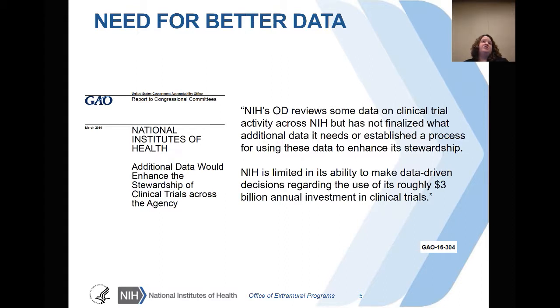And that it acknowledged that NIH was limited in its ability to make data-driven decisions regarding its use of roughly $3 billion in annual investment in clinical trials. So we have a lot of money going out in clinical trials. Certainly, we all want clinical trials to be successful, but we have very little data that tells us how our clinical trials are doing.